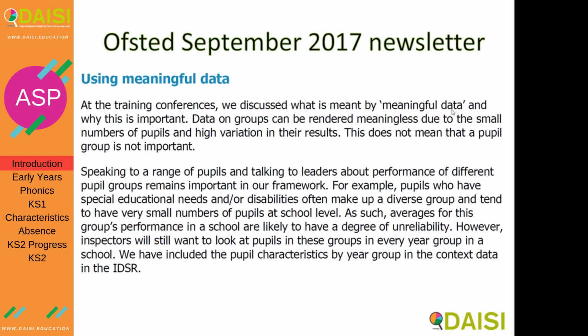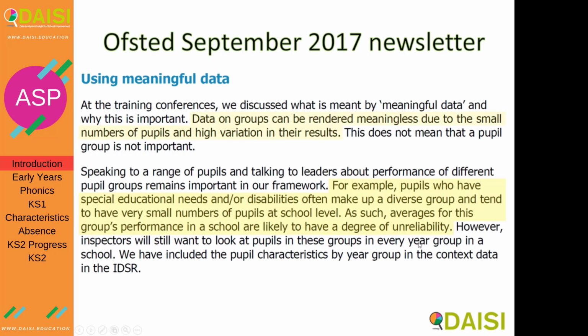Now, Ofsted do a newsletter every 2 months, and the September 2017 newsletter, and these are published on the internet, was quite interesting. It said, pupils like SEND make up a diverse group and tend to have a very small number of pupils, and their averages are likely to have a degree of unreliability.